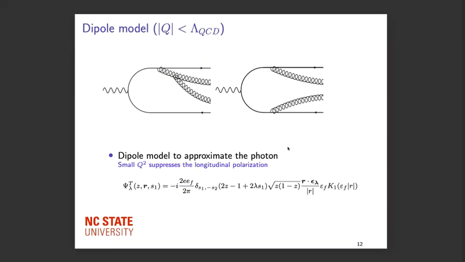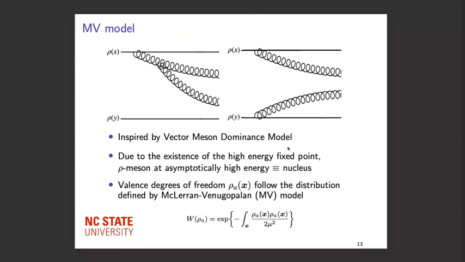Because the Q² is small, the longitudinal polarization is strongly suppressed, and you only have transverse polarization here. Also, the advantage of using the dipole model is that the expression we get from this calculation can be very easily extended to EIC kinematics. Another model is the so-called MV model.